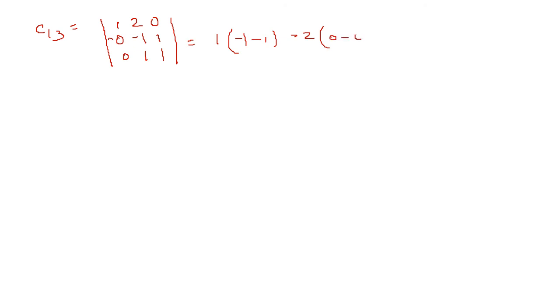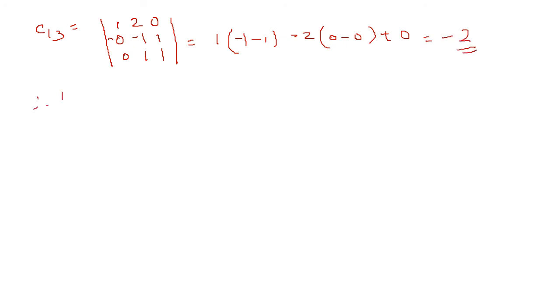Next, C13 will be equal to the determinant of 1 2 0, 0 minus 1 1, 0 1 1, which is equal to 1 into minus 1 minus 1, minus 2 into 0 minus 0 plus 0. So it is equal to minus 2.